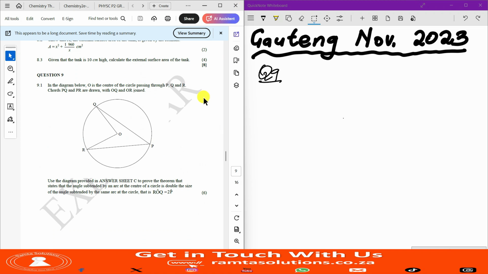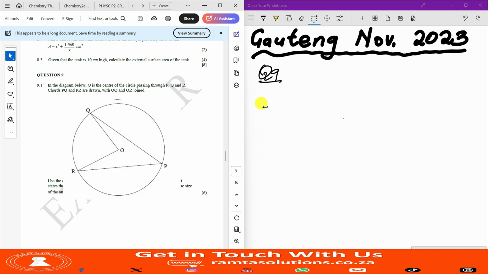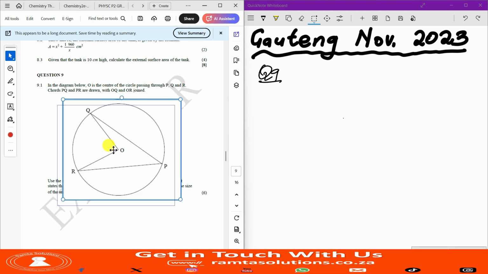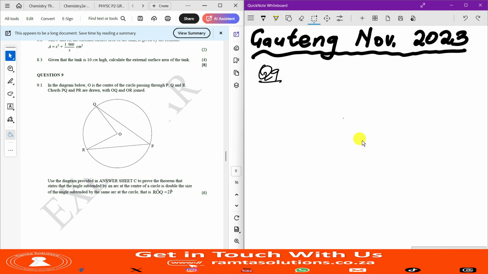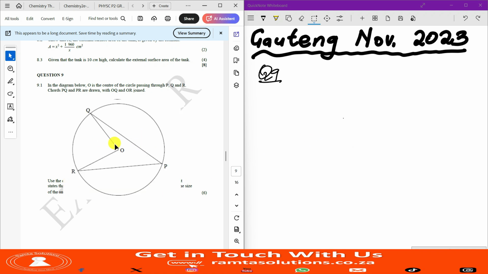So first, let me copy this diagram here. Come on, buddy. Let me paste it here. Okay, it's showing me flames now. I don't know why.